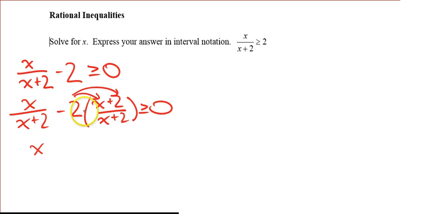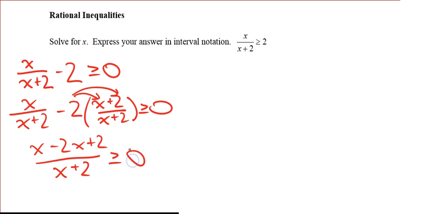Combining our numerators, we get x minus 2x plus 2. We found our common denominator, so we can combine them. And finally, combining like terms, we find negative 2 times 2 is actually negative 4.